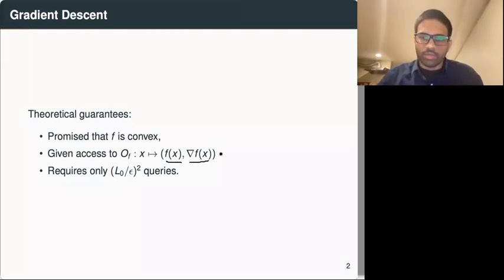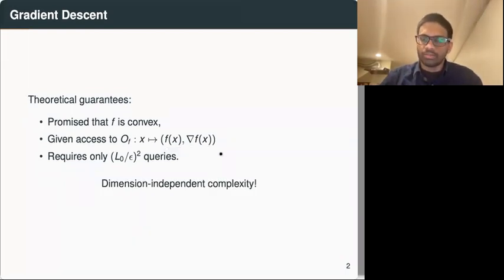This is quite impressive because this is dimension independent. Even if you just fix epsilon to be, say, 1 by 100, this is basically 10,000 queries, assuming L0 is 1. It doesn't matter how many parameters you have. Even if you have a trillion parameters, you still need only 10,000 queries in order to epsilon optimize your function.